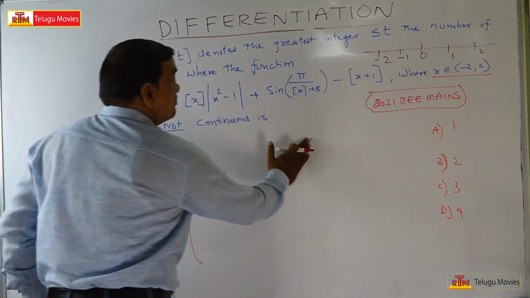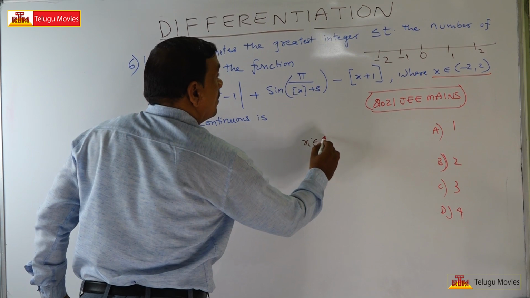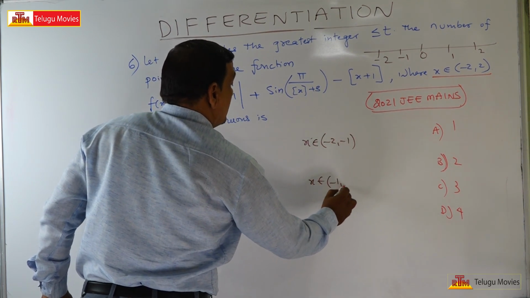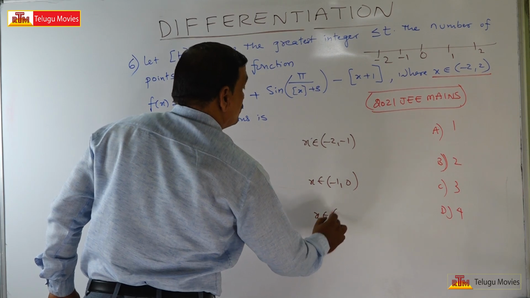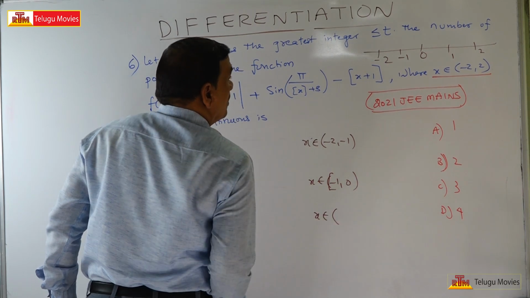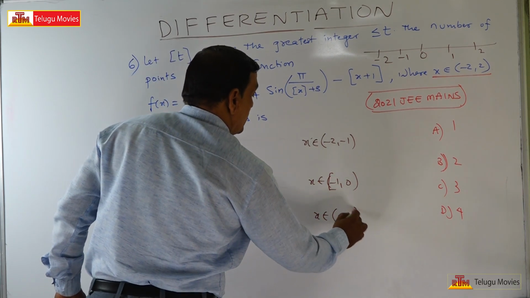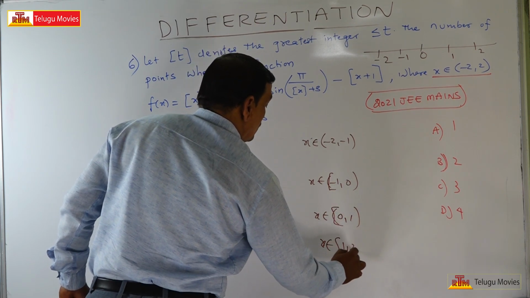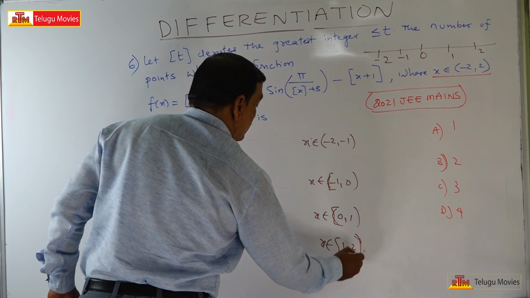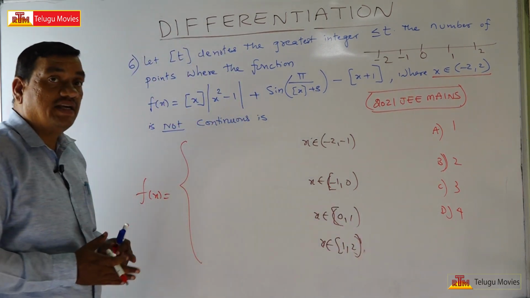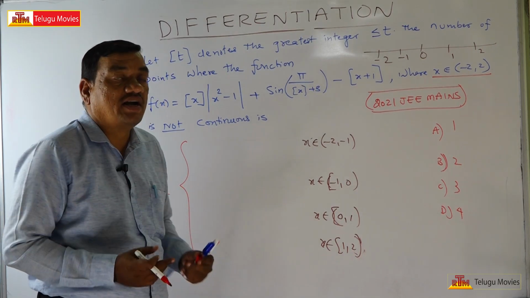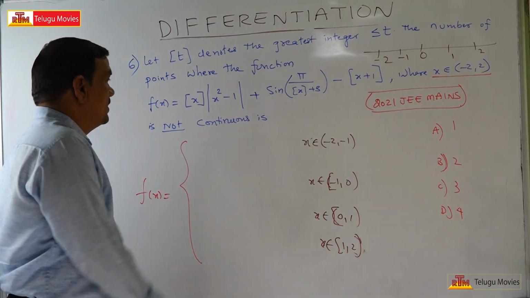So x belongs to -2 to -1, here x belongs to -1 to 0, here closed bracket, here 0 to 1 closed, here x belongs to closed 1 to 2. So I am making the function into 4 slices, 1, 2, 3, 4. Let us see what happens one by one.